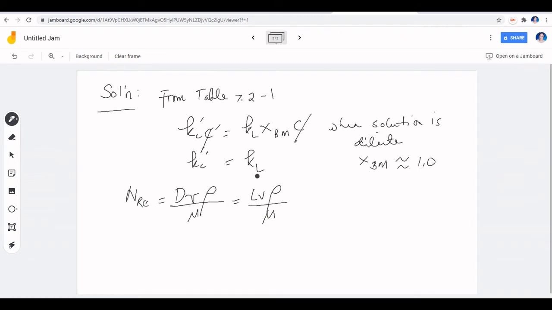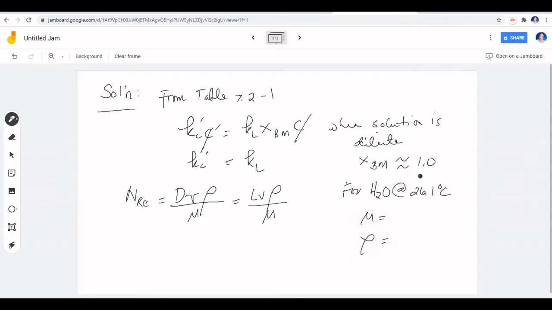Now, we need to determine what particular rho and mu we will substitute in here. And again, since our solution is dilute, the density that you're going to use is that for liquid water. So for water, at the temperature which is given, which is 26.1 degrees Celsius, you need to determine the mu and the density.